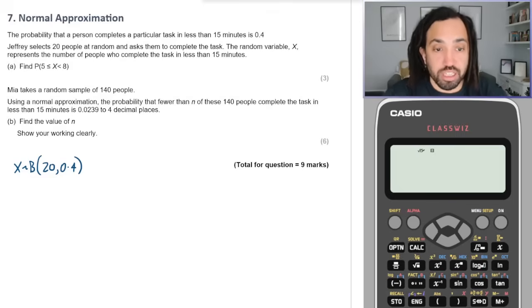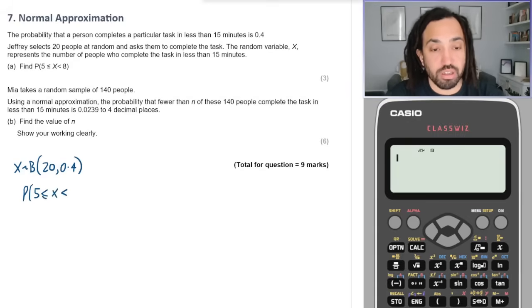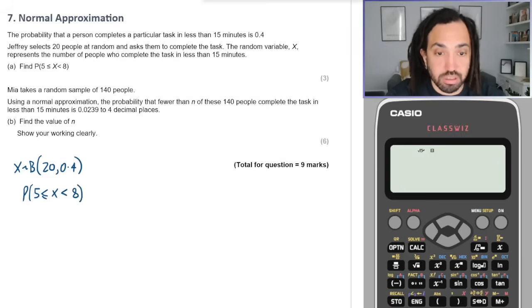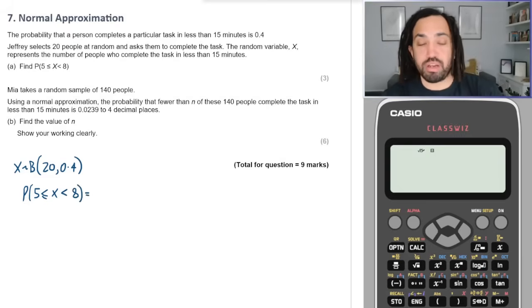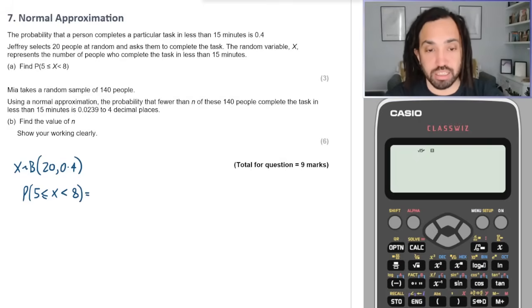It's asking me to find the probability that x is between and including 5 and 8. So if you think about what numbers would actually satisfy that, it would just be 5, 6 and 7.